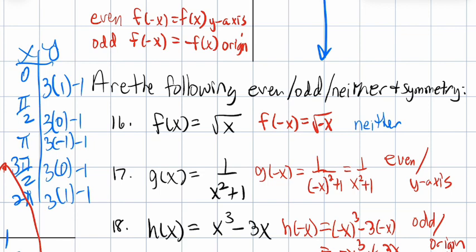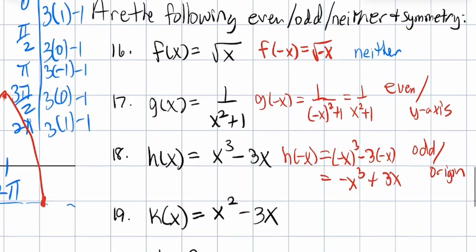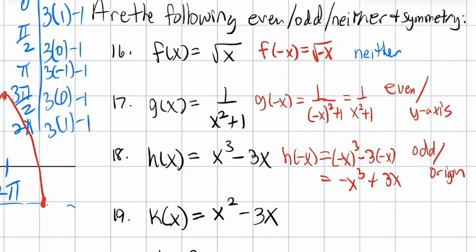So now we have seen a version that wasn't anything, a version that was even, and a version that was odd. So now that square instead of that cube really changes things, because for k, when we plug in the x as a negative x, the first piece changes.